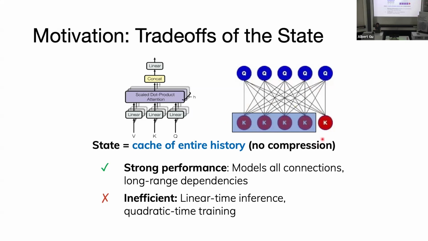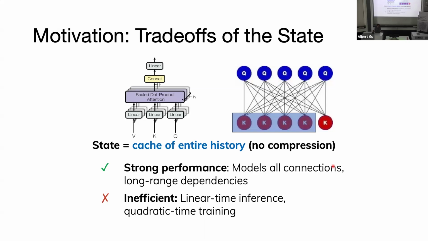In attention, there's this concept called the KV cache, which is how this is manifested, where we're literally going to cache a vector for every single previous time step seen. So we think of this model as literally caching the entire history with basically no compression along the time dimension. This is actually the exact opposite of an RNN. Once again, this tells us the strengths and the weaknesses.